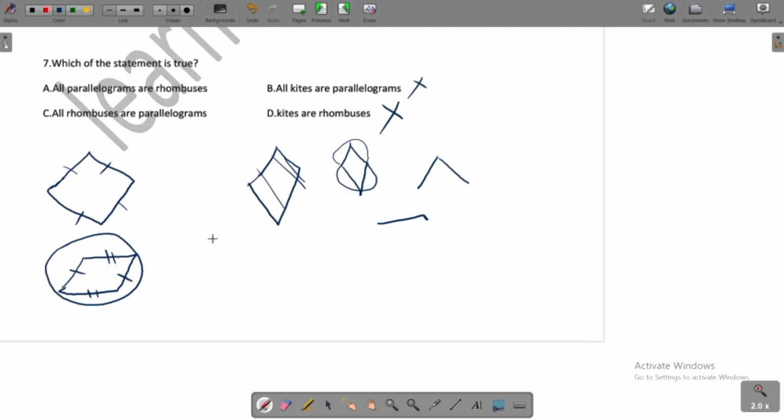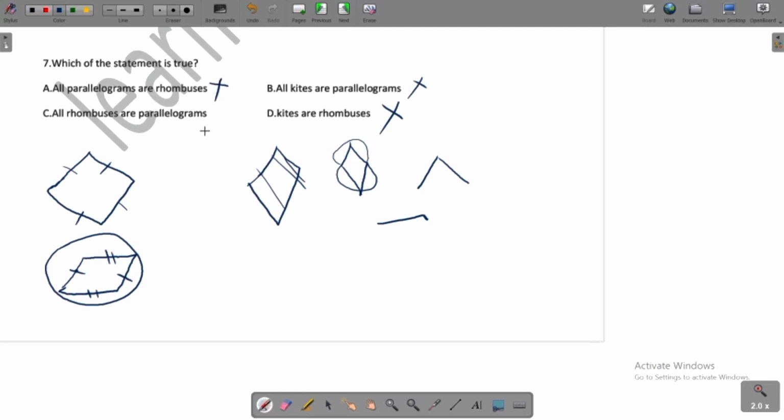No. Because not all parallelograms have equal sides. But all parallelograms have two equal opposite sides. Then this and this are equal, and this and this are also equal. So this is also not correct, because some parallelograms can have four equal sides actually.